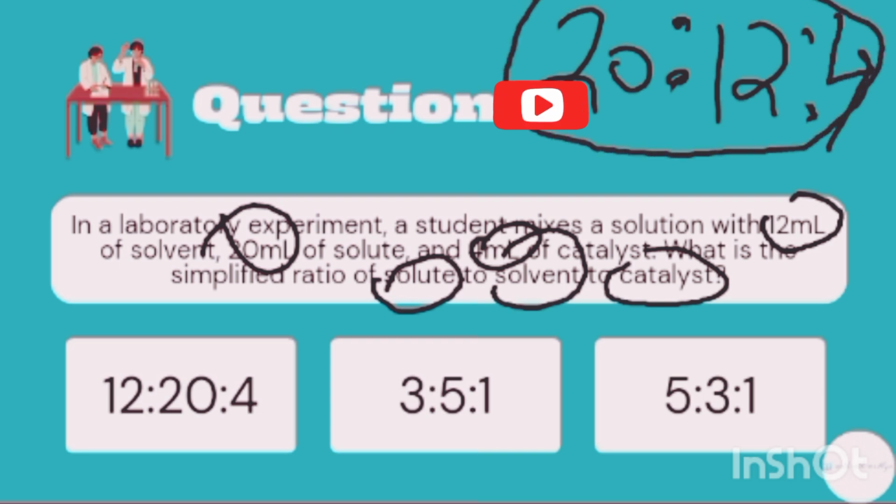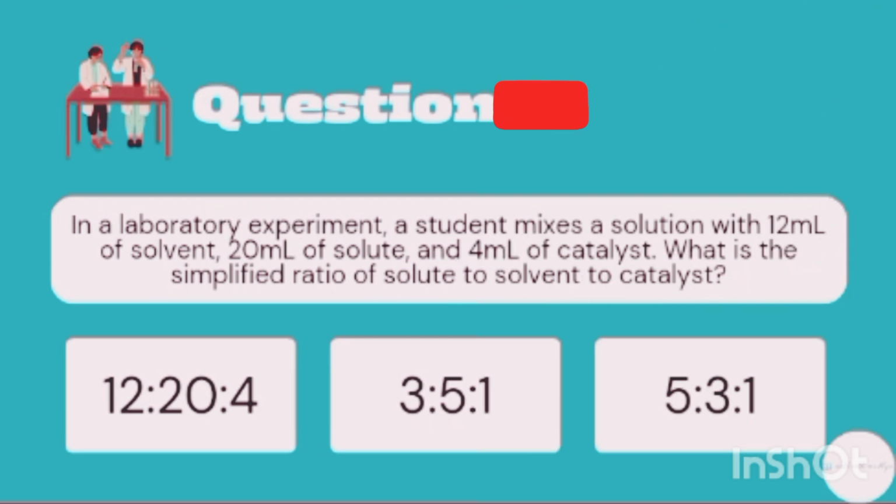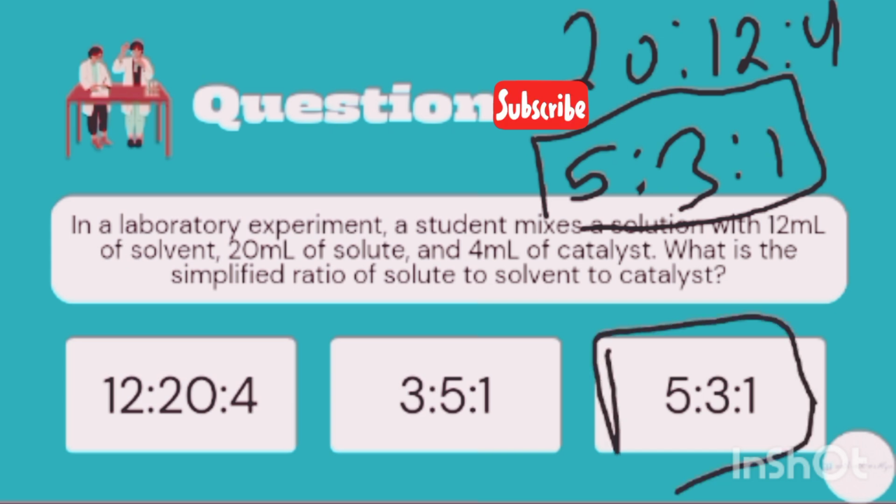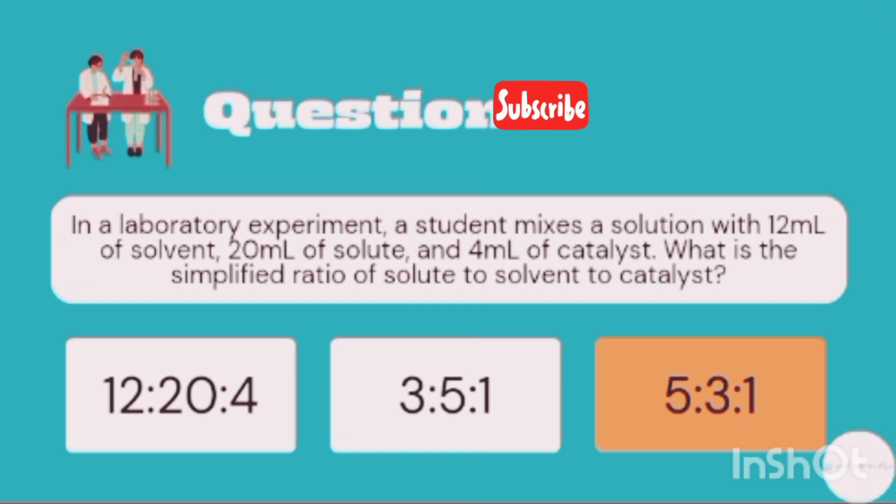So this is our ratio, and now we need to simplify it. If we simplify 20 ratio 12 ratio 4 by dividing by 4, we get 5 ratio 3 ratio 1. So our answer is the last one. Let's check that, and yes, our answer is correct.